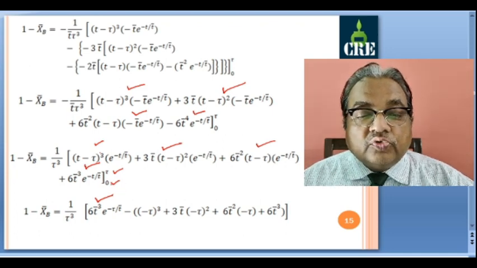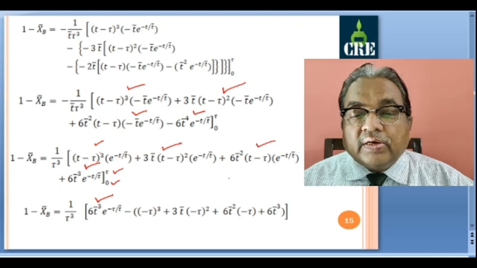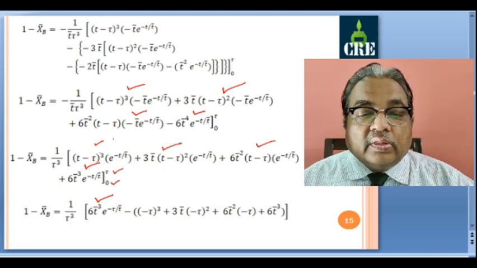Now if I substitute the lower limit, e raised to minus t by t bar everywhere, so e raised to 0 becomes 1. So all these exponential terms become 1. So I am left with these terms only, and for the upper limit I got only one term. For the lower limit, I am substituting 0.